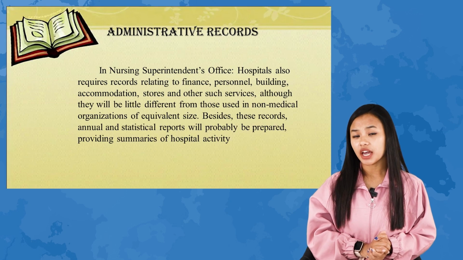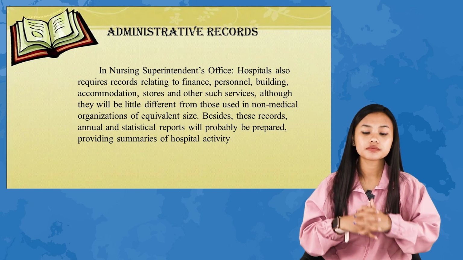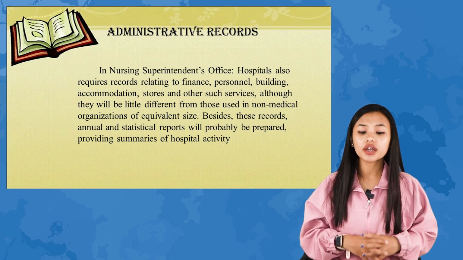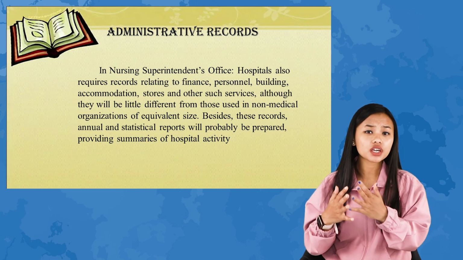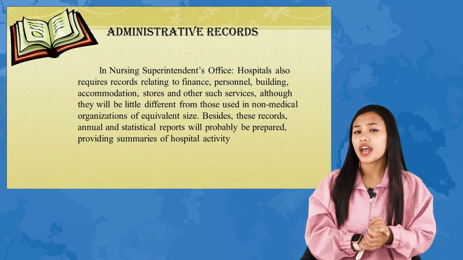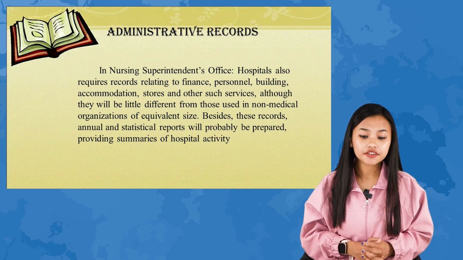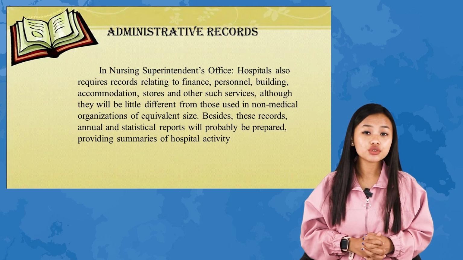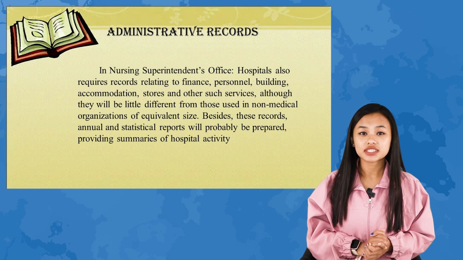The next one is the administrative record. Here in the nursing superintendent's office, the hospital also requires records which are related to finance, personnel, building, accommodation, stores and other such services, although they may be a little different from the ones used in a non-medical organization of equivalent size.